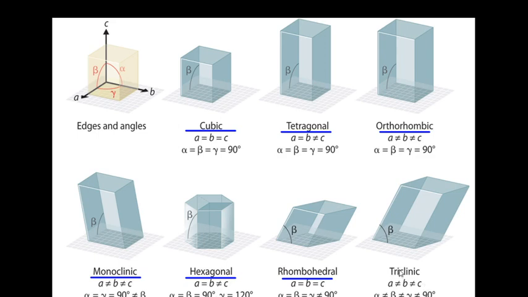Okay, so in solid state physics, in condensed matter, there are the fundamental 7 crystals. These fundamental crystals are further split into another 14 categories.